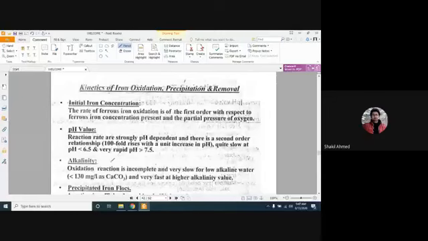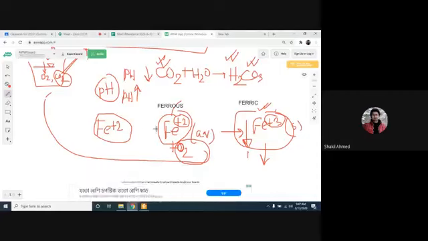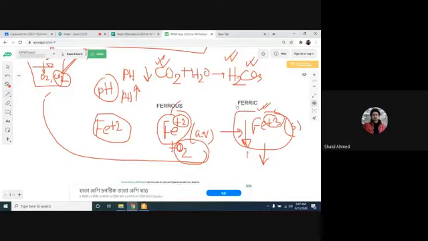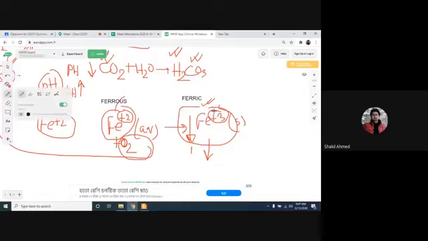Now, this reaction I just told you, from ferrous to ferric, for this reaction to happen with sufficient speed, your pH has to be greater than 7.5.